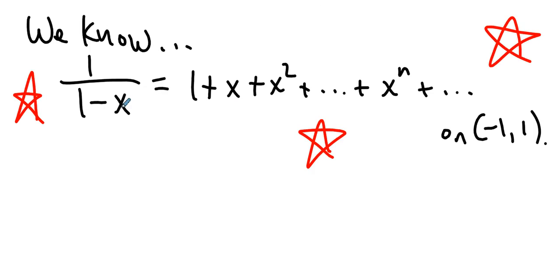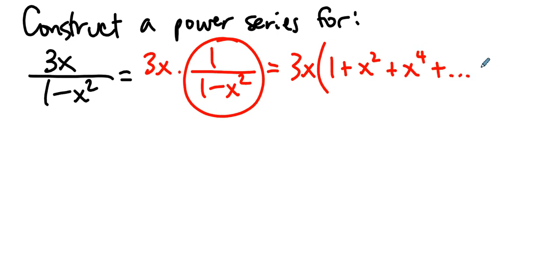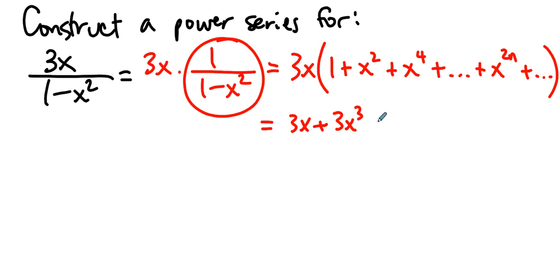Well, if we substitute x squared where the x goes, and so on, this is 3x times 1 plus x squared plus x squared squared, and so on. The generic term is x to the 2n, and we just keep going. Well, this is basically a polynomial, so we treat it as such.